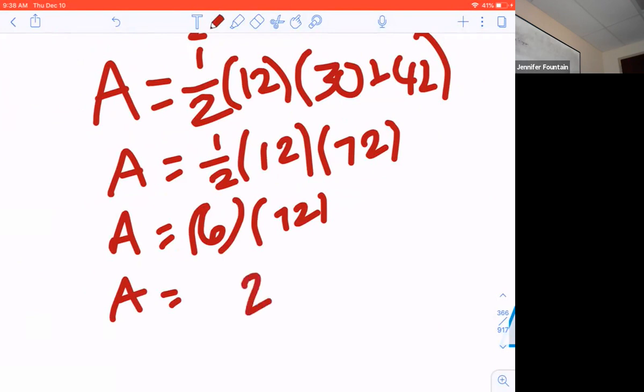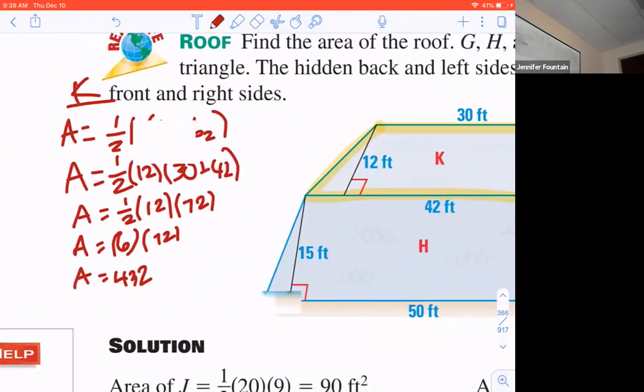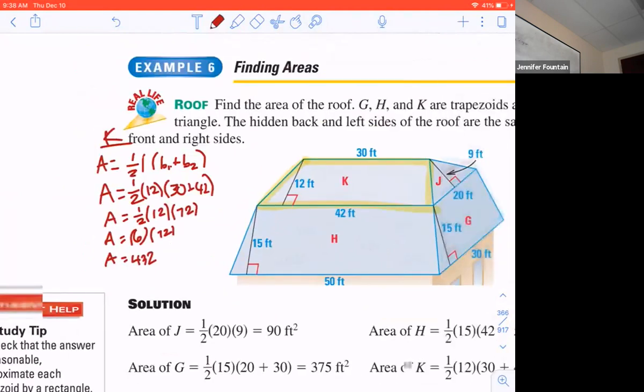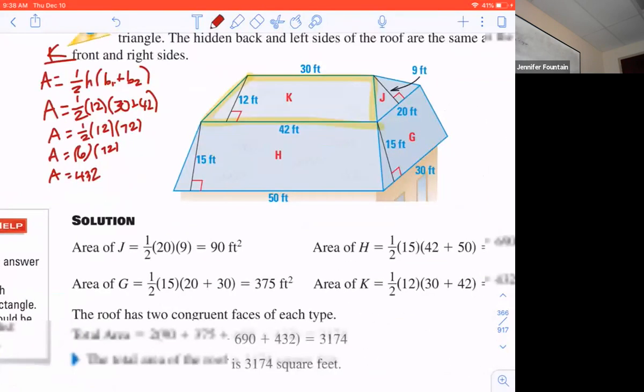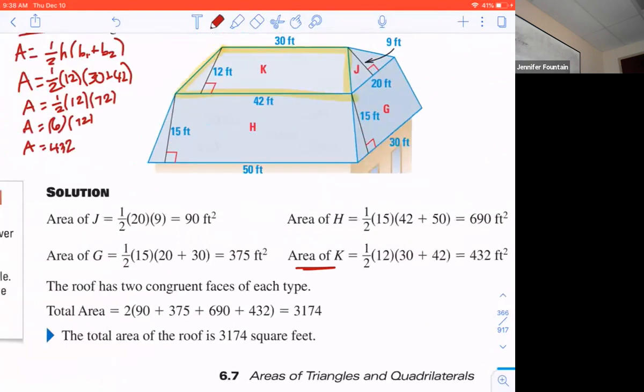What's 6 times 2? That'd be 12, and I carry my 1. 6 times 7 is 42, plus the 1 I carried is 43. So now I know that K is equal to 432. Is everybody good with that? That was right there.